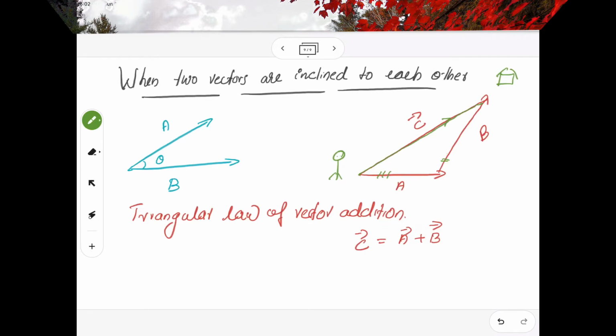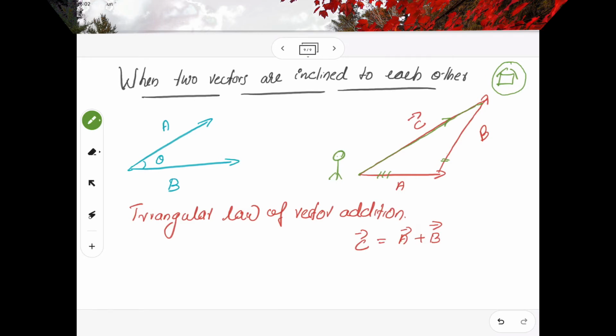If you travel through A and B, you will reach your school, or if you go directly through the road C, you will also reach your school. So its meaning is very simple: A and B means A plus B is equal to C. That is its only meaning. So I am writing vector C equal to vector A plus vector B.